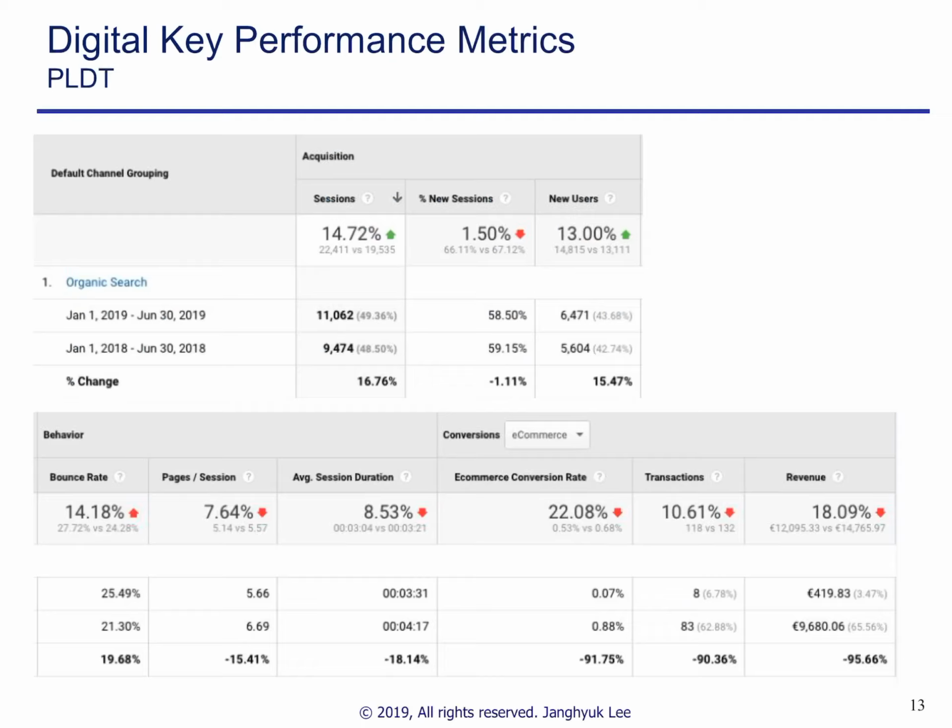You need to figure out what kind of differences or factors have affected this reduced session duration. And finally, conversion rate, what you can see from visit to purchase, and revenue generated by those customers who came from organic search. So these are the performance indicators.